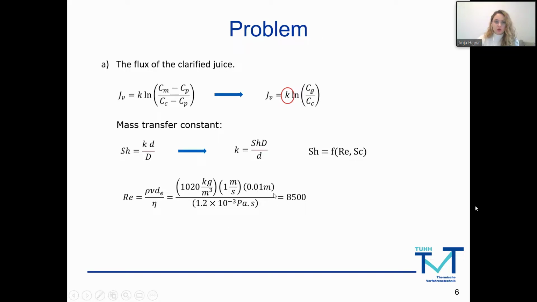So you should have obtained the Reynolds number of 8,500, which means that we need to use equation 3 then to calculate the Sherwood number.